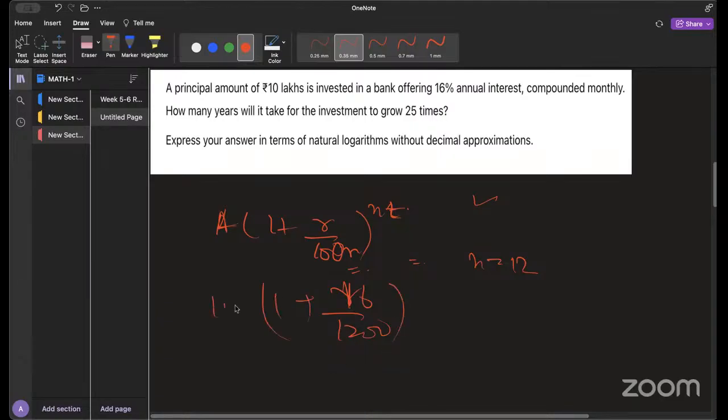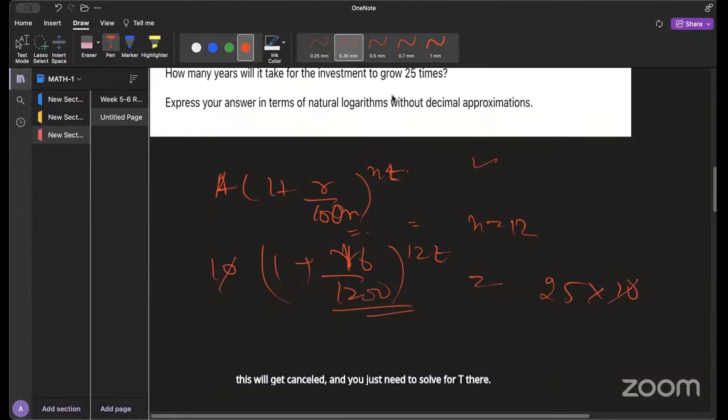P is 10. And then you need to find T, right? 12T. It grows 25 times. That means it's 25 times of 10. This will get cancelled, and you just need to solve for T there. Is this all right? Then we move to the next one.